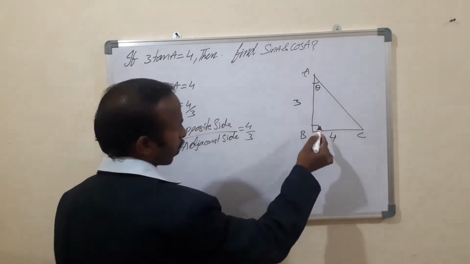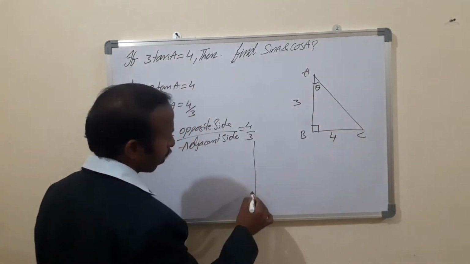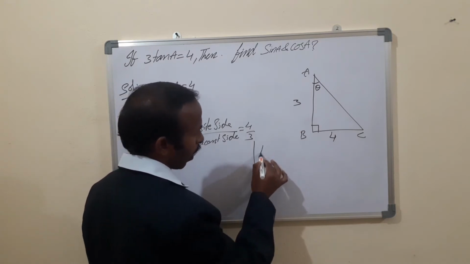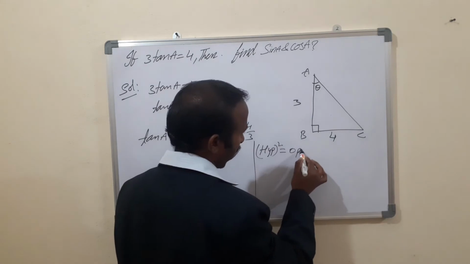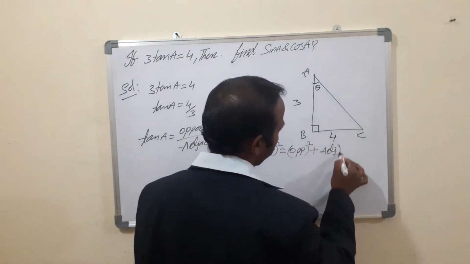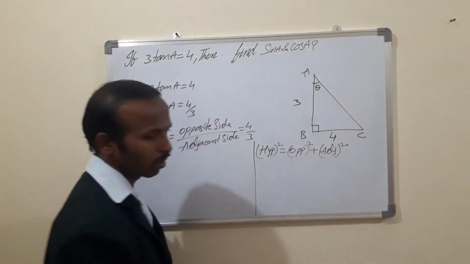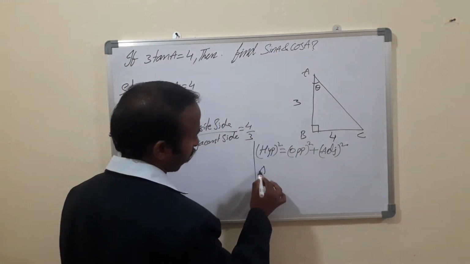By using Pythagoras, we have to find the AC. According to the Pythagoras principle, hypotenuse square equal to opposite square plus adjacent square. Now hypotenuse is how much? We don't know, we try to find that one only.